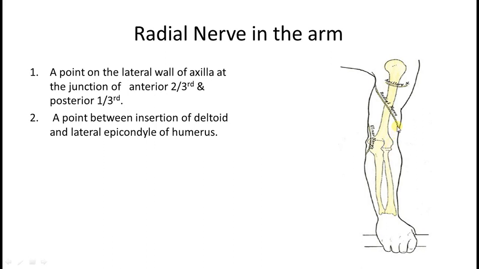You join the first and second point by an oblique line, and that gives the surface marking of the radial nerve in the spiral groove. Most commonly it is injured here, which we call Saturday night palsy.